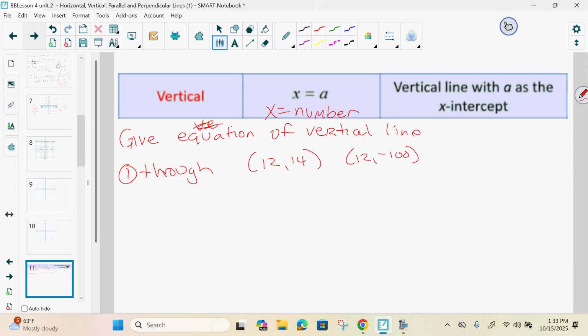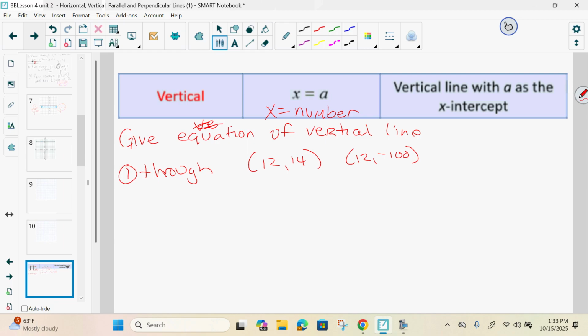So think about plotting those points. I'm going to ask you the same question. What axes does it pass through? Plot those 2 points.